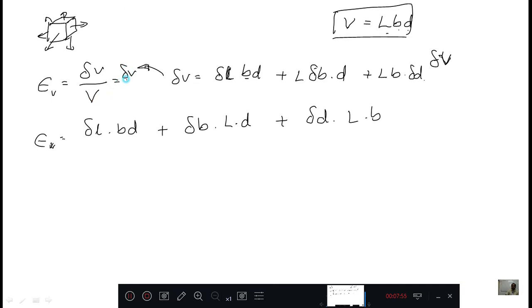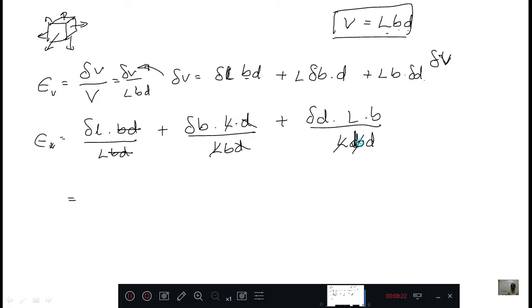I will write delta V divided by LBD. Whole divided by LBD means I can make it this divided by LBD, this divided by LBD, and this divided by LBD. Then BD cancels, LD cancels, LB cancels. Then what is left here?